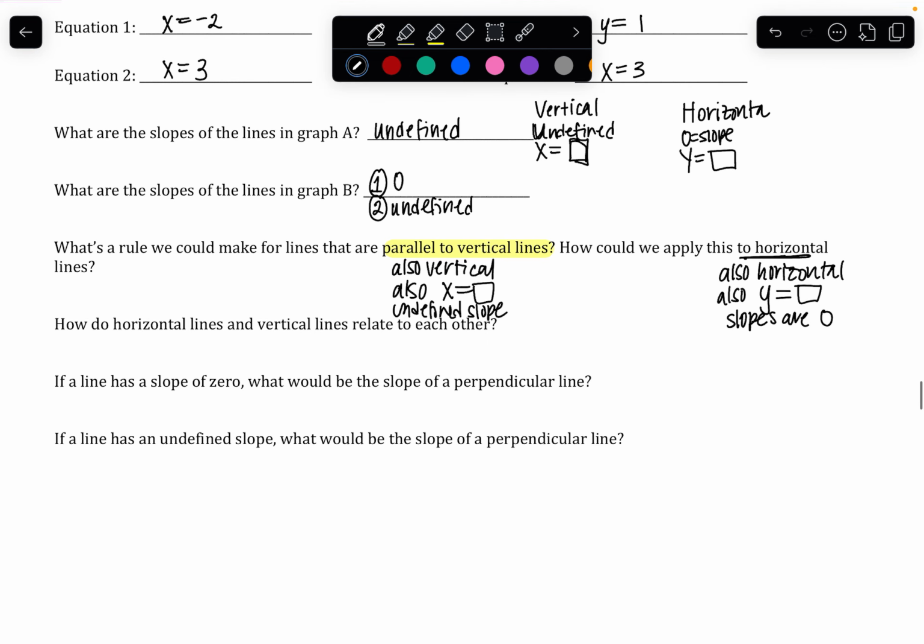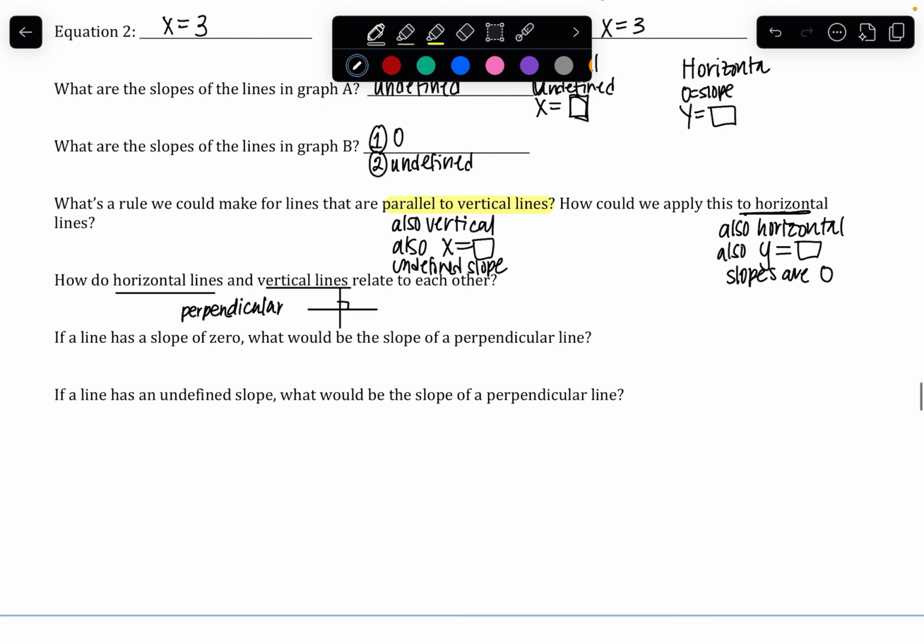Okay, and so horizontal lines and vertical lines have a very obvious relationship. They're perpendicular. Anytime you have a vertical line, the horizontal line will be perpendicular to it. A line has a slope of 0, meaning it is horizontal, and it's y equals.